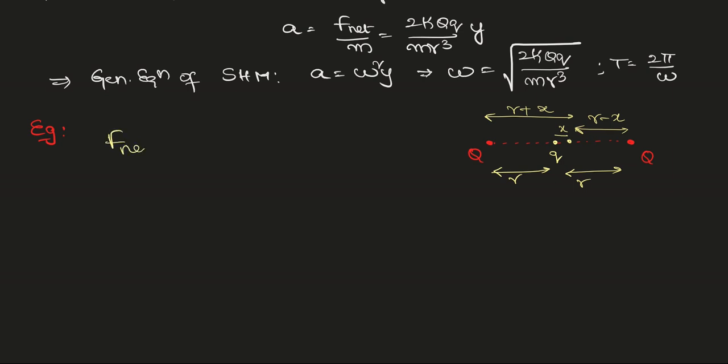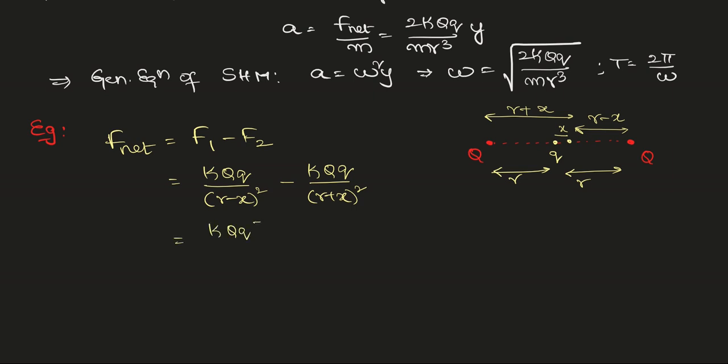So the net force on the system in this case will be equal to F1 minus F2. F1 is Q by (r minus x) whole square minus Q by (r plus x) whole square, or I can take out Q as common.